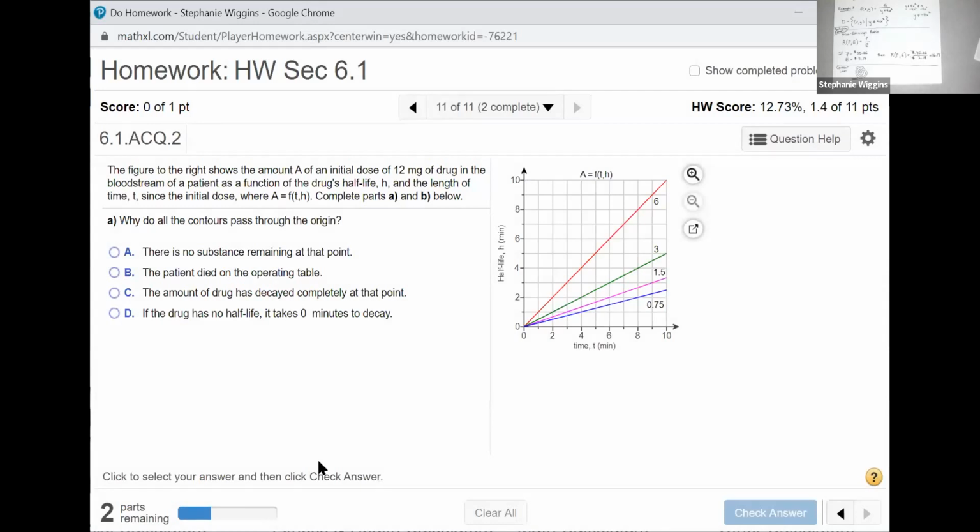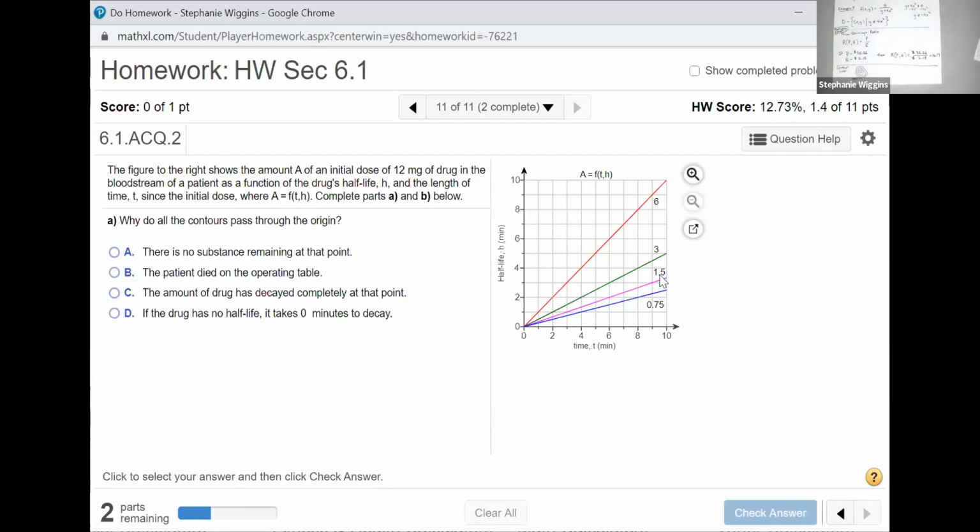The figure to the right shows the amount of an initial dose of 12 milligrams of drug in the bloodstream of a patient as a function of the drug's half-life, H, and the length of time since the initial dose. Okay, so the amount in the bloodstream depends not only on the half-life of the drug, but also on how long it has been in your body. And these are the contour lines that describe this situation for this function.